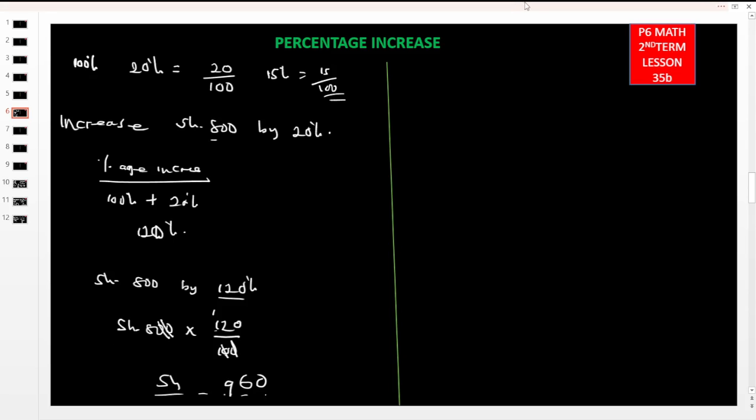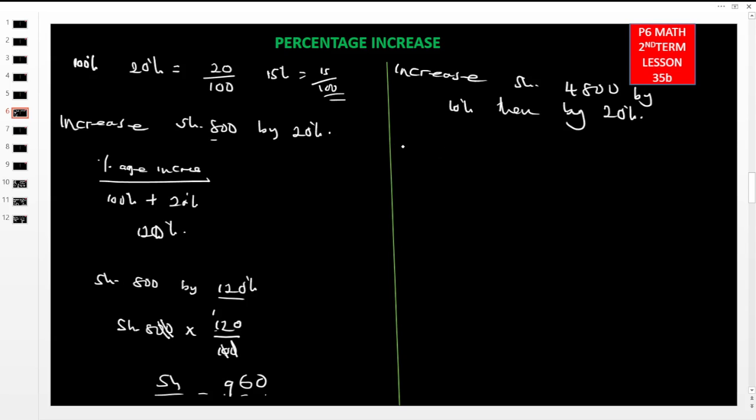Example 2, sorry. Let us increase 4,800 by 10%, then by 20%, meaning that we are going to first increase that number by 10%, then the answer we get, we increase again by 20%.